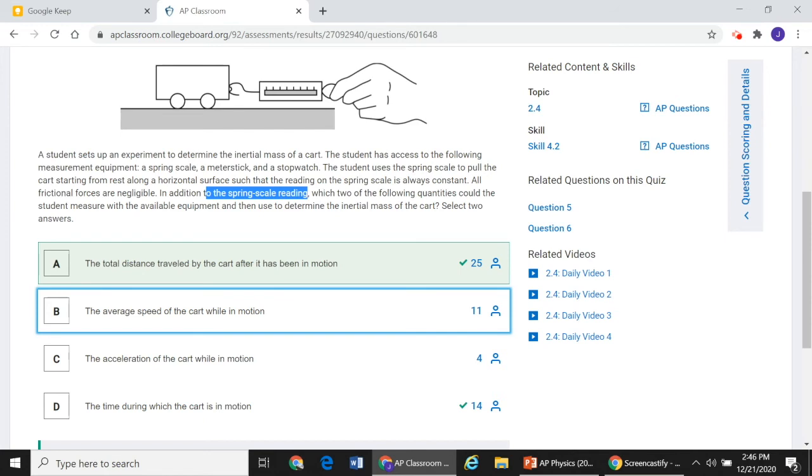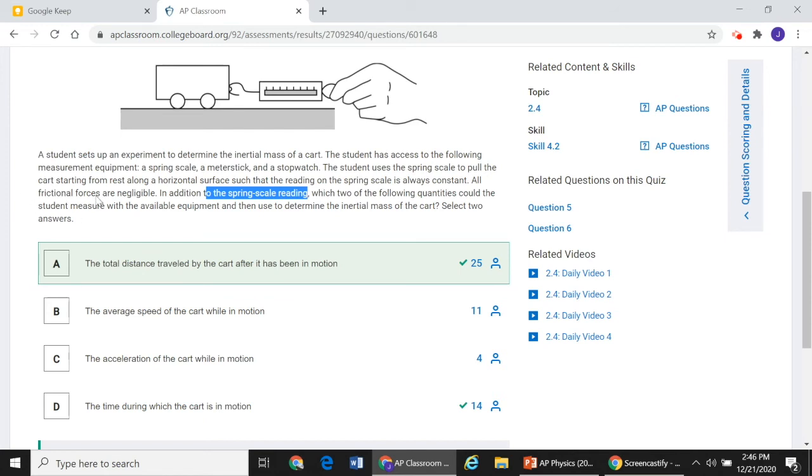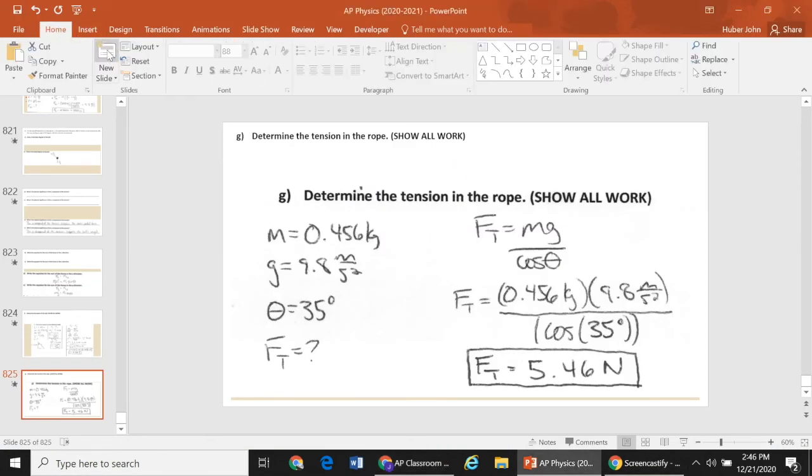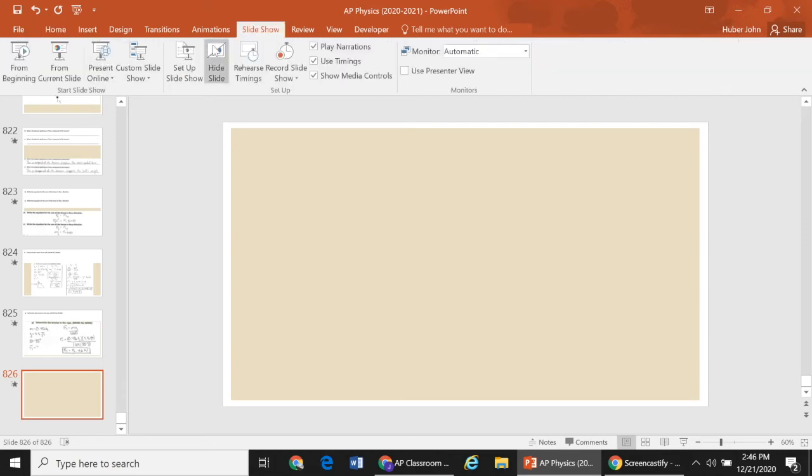Because in order to find the acceleration, especially when it says the cart is starting from rest, the best equation to use would be delta x equals v naught t plus 1/2 a t squared.